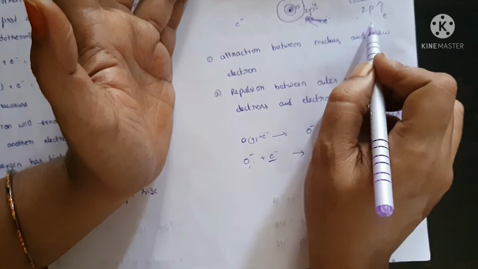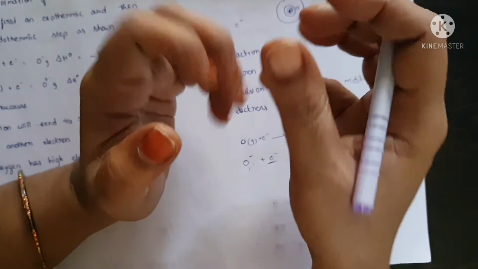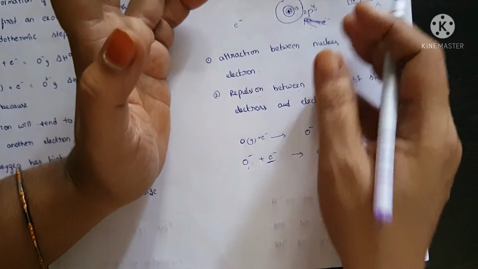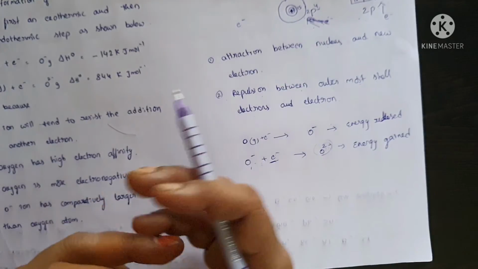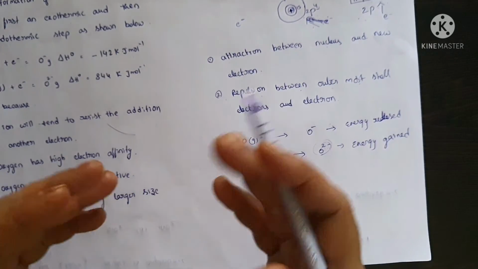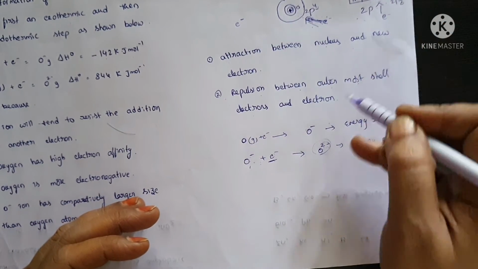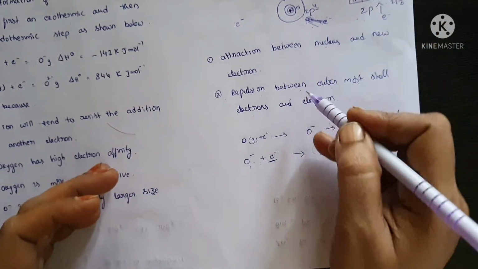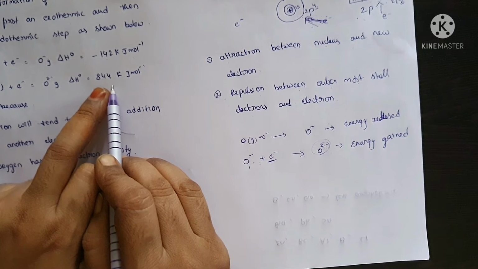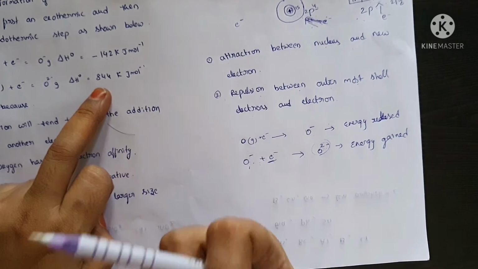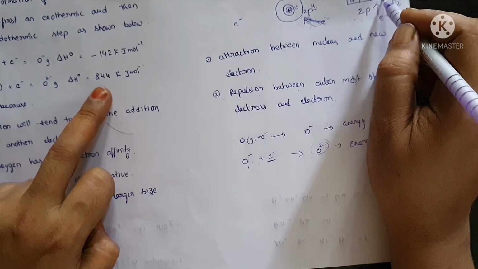There is repulsion between the newly coming electron and the already existing electrons. To overcome that repulsion and accommodate into the 2pz shell, energy is used, so it is an endothermic reaction, taking energy to enter the 2pz shell. Okay, got it?